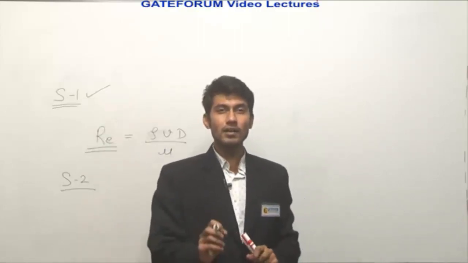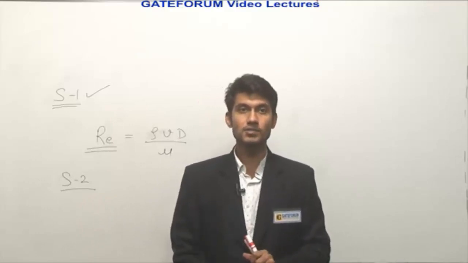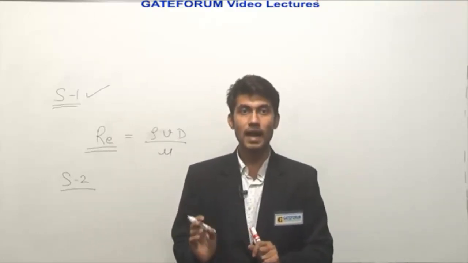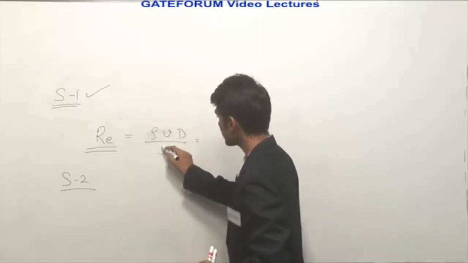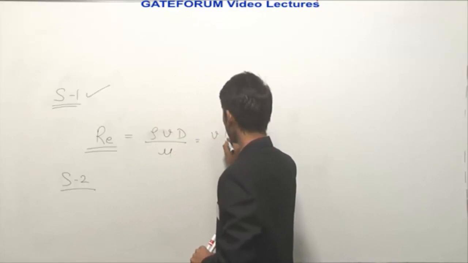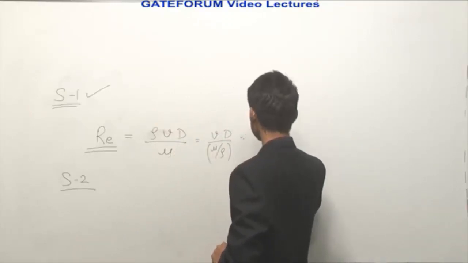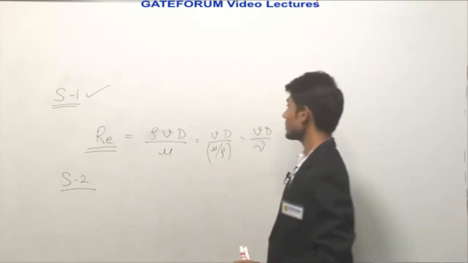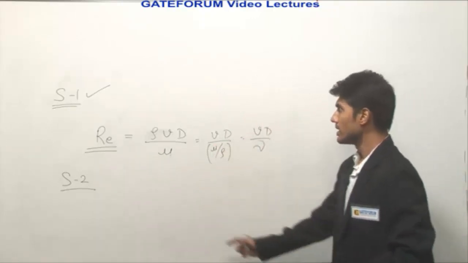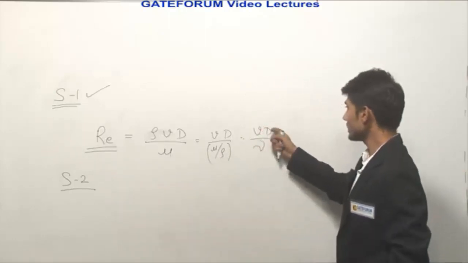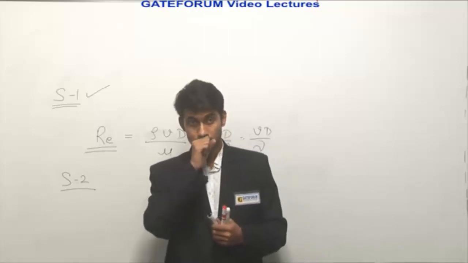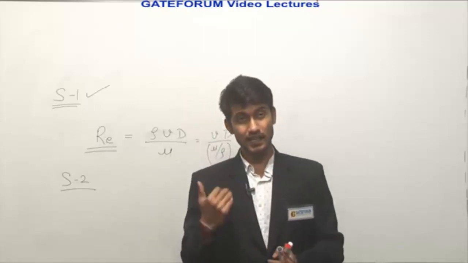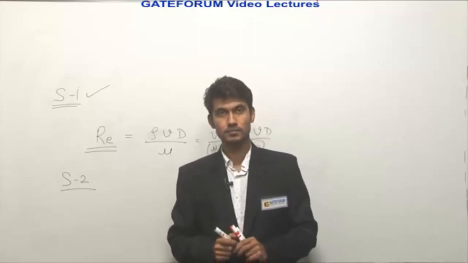Statement 2, Reynolds number of the fluid depends on velocity, diameter of the pipe and kinematic viscosity of the fluid. If I convert this dynamic viscosity into kinematic viscosity, we'll get mu by rho, and this mu by rho is known as kinematic viscosity, so we can write it as nu. So statement 2 is again correct. Reynolds number depends on velocity, diameter and kinematic viscosity. Now to look at whether statement 2 is a correct explanation of statement 1 or not.